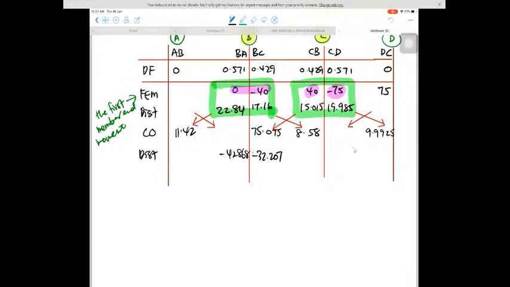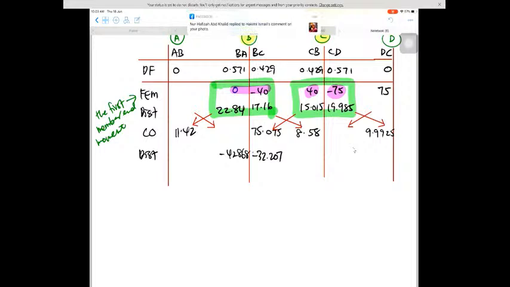The total moment is negative. The total moment is 8.58 plus 0, and the value is 8.58. We must take the opposite value, because the joint moment is opposite, right?